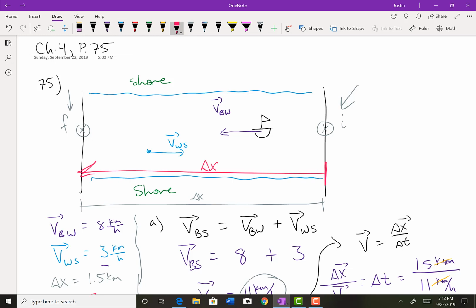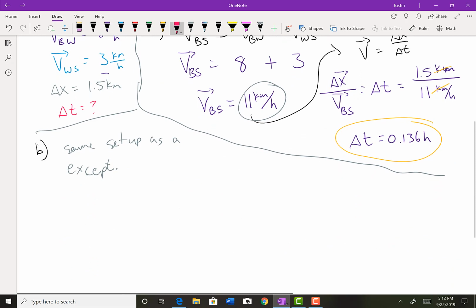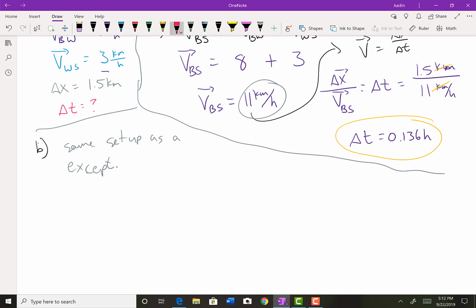So that would be my new displacement. Okay, so basically what that means is everything is the same except the velocity of the boat with respect to the water is now -8 kilometers per hour. And my displacement is now -1.5 kilometers.